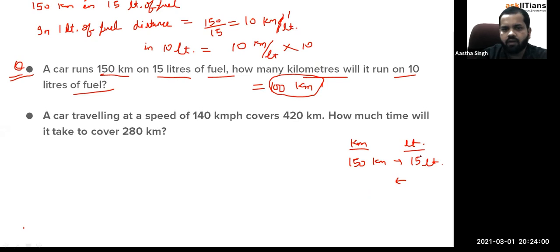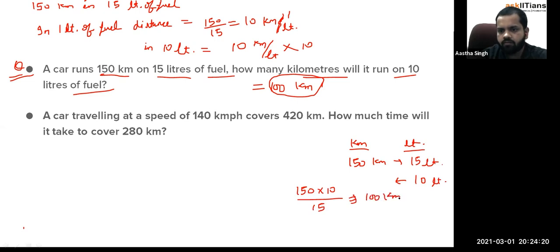How many kilometers in 10 liters of fuel? The arrow will go this side, so cross multiply: 150 into 10 divided by 15.